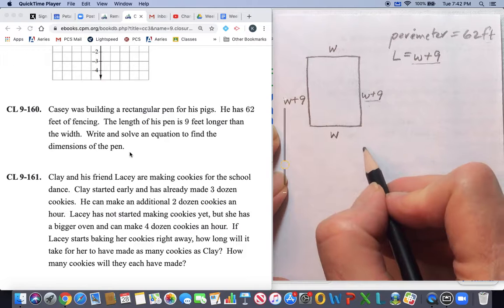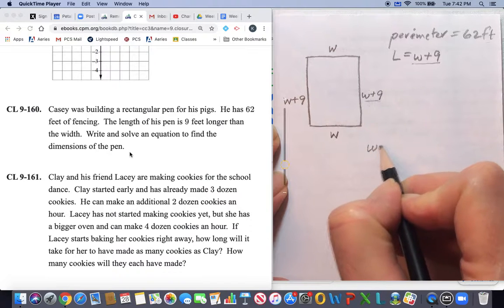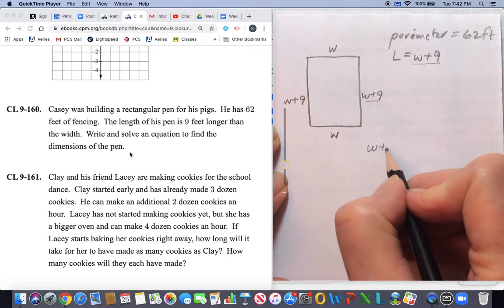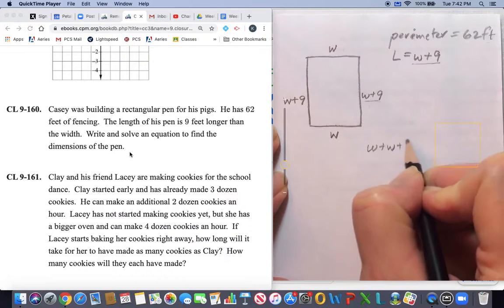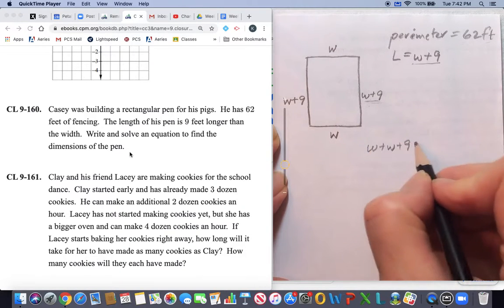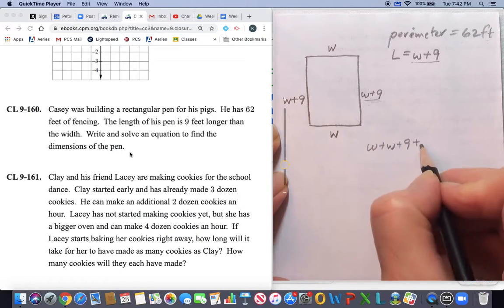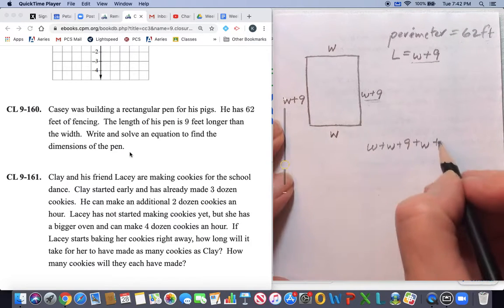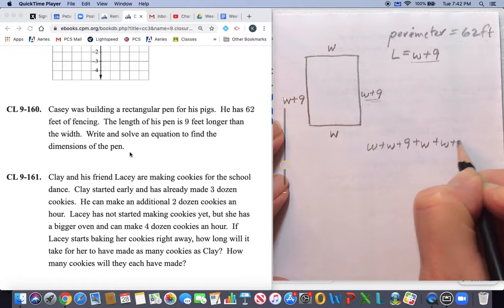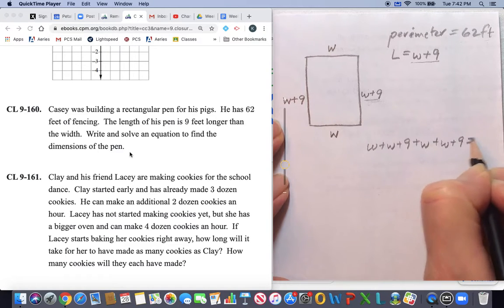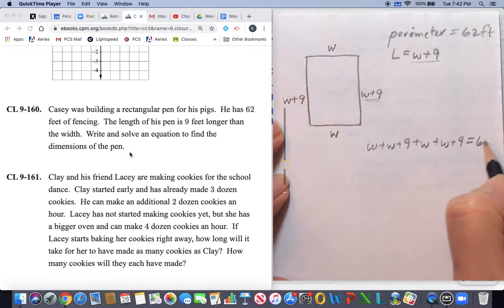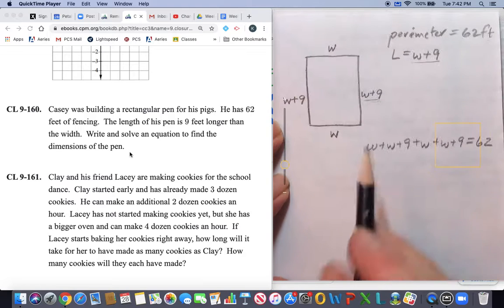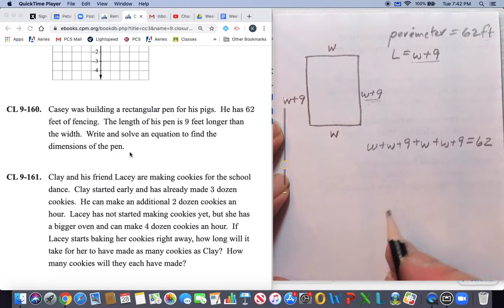So we're going to use that. W, there's the top, plus W plus 9, that's that side, plus W, so the bottom here, plus this other side, the last side, W plus 9. All of that is going to equal 62 feet. We're adding up all 4 sides.